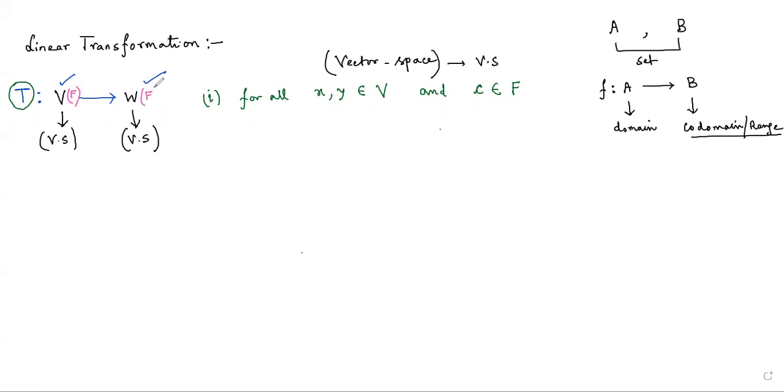Okay, so you have two vector spaces V and W. V must be defined on a field capital F, and W should also be defined on the same field capital F. So, for example, if you think that you can define a function from the vector space R to C, then you cannot do so, because the two fields R and C are different.